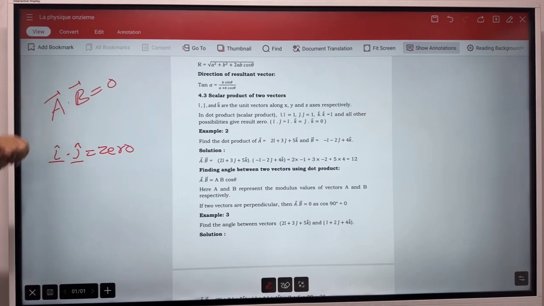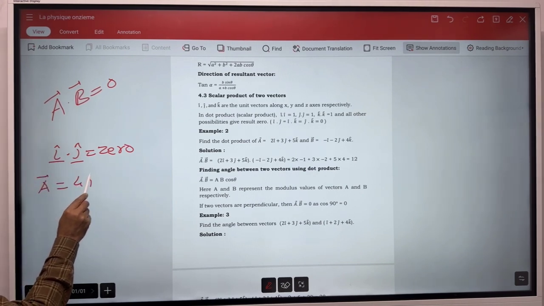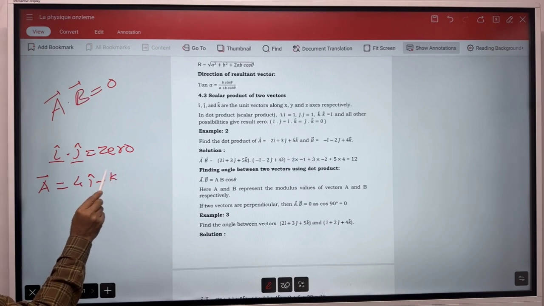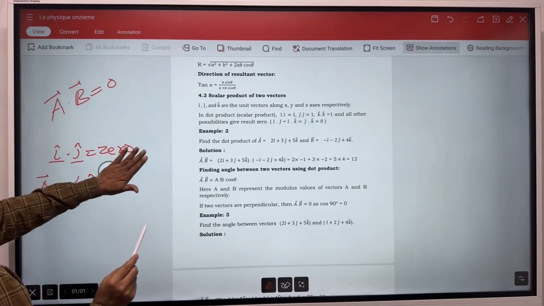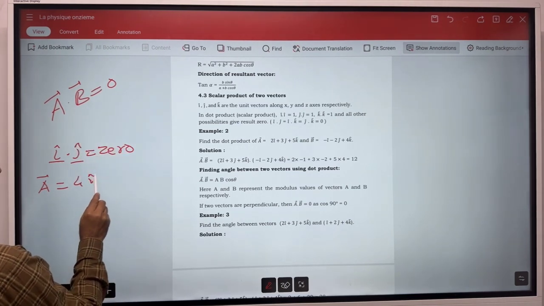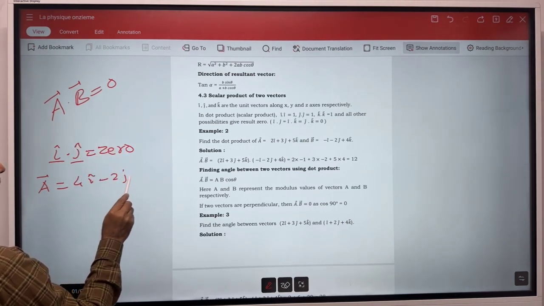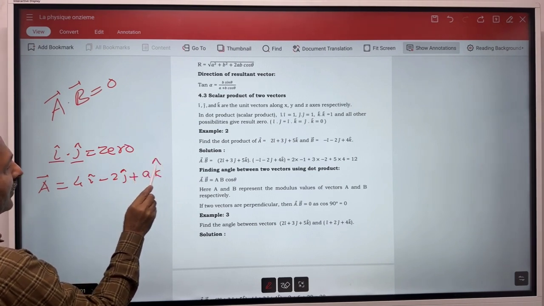So on the basis of this concept, sometimes questions come in which there will be one variable that you have to evaluate. I am going to show you. Suppose you are given vector A is 4i cap minus 2j cap plus a k cap.